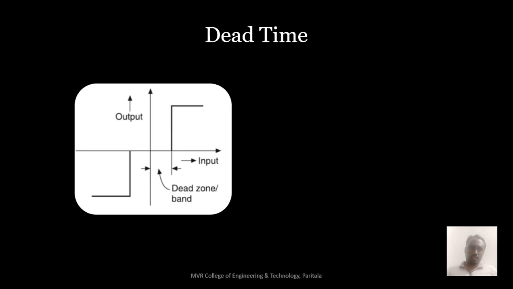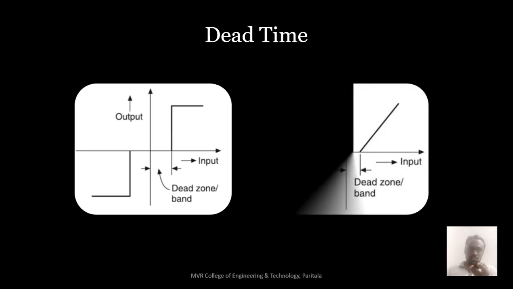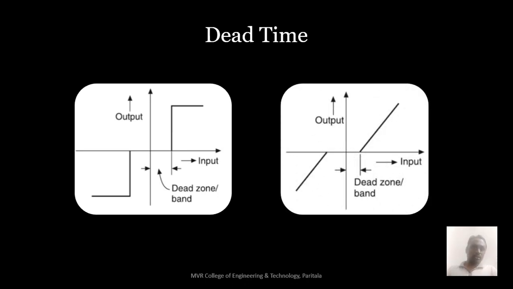In this case it is for step input, and the other was for ramp input. The ramp input does not respond from 0. It responds after some time, and thereafter it is linear. That zone is called the dead zone and the time required for that is called dead time.